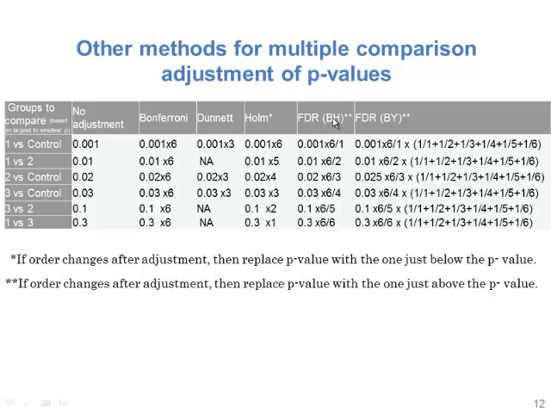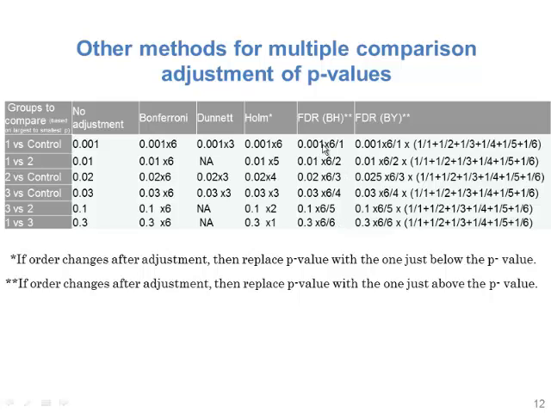In this BH method, you penalize the smallest p-value by multiplying by 6/1. As you see, the denominator changes from 1 to 6. So here you still multiply the p-value by 6, but for the largest p-value you don't multiply: 6/6 is 1, so you don't multiply by anything.